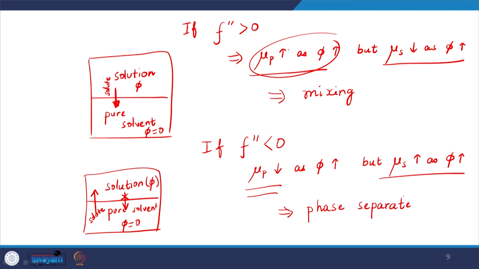The key point of the discussion that I wanted to emphasize is that the tendency of mixing and phase separation can be described also in terms of osmotic pressure and chemical potential, but since they are related to the Helmholtz free energy density, or they can be written as a function of Helmholtz free energy density, we do not have to consider them independently. If one of them is telling me that mixing will happen, we should be confident that mixing is going to happen, right.